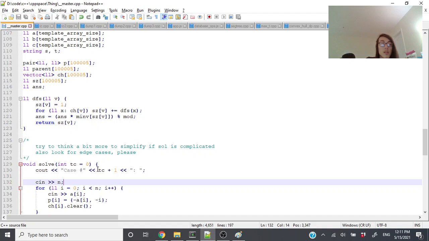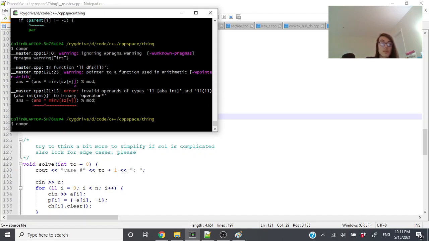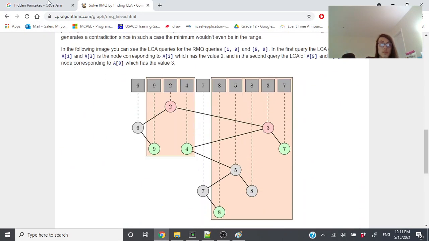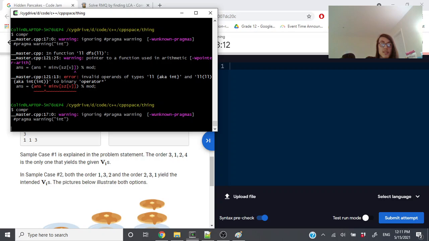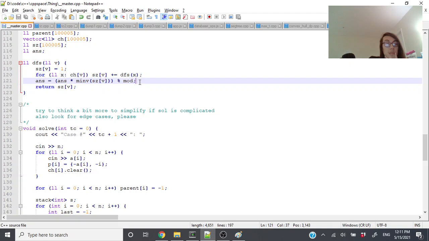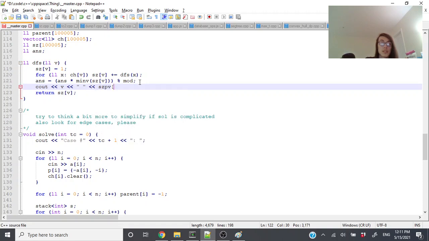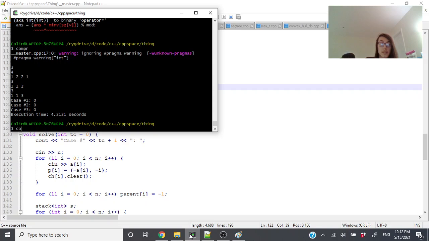I don't know why I call it par. That should be a function. Okay. Copy pasting algorithms. Alright, what's up with that now? E size V. I don't understand how that would happen.